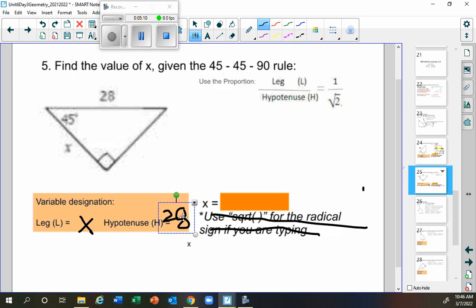So yeah, hypotenuse is 28. So we have an x over 28, equals one over square root of 2.